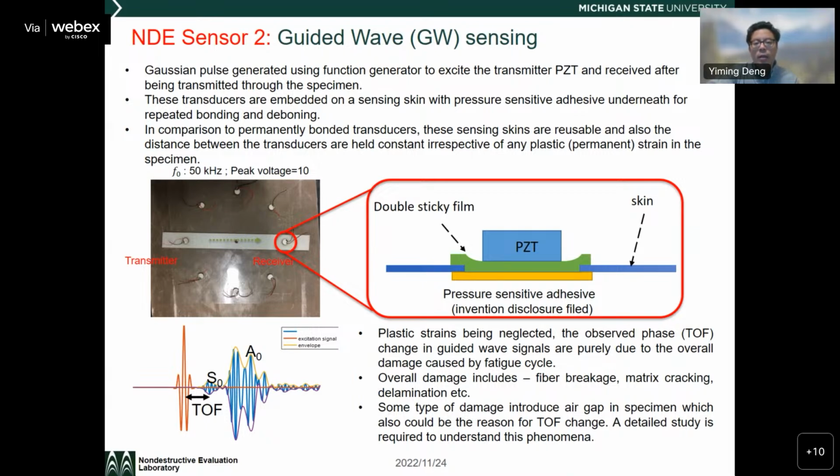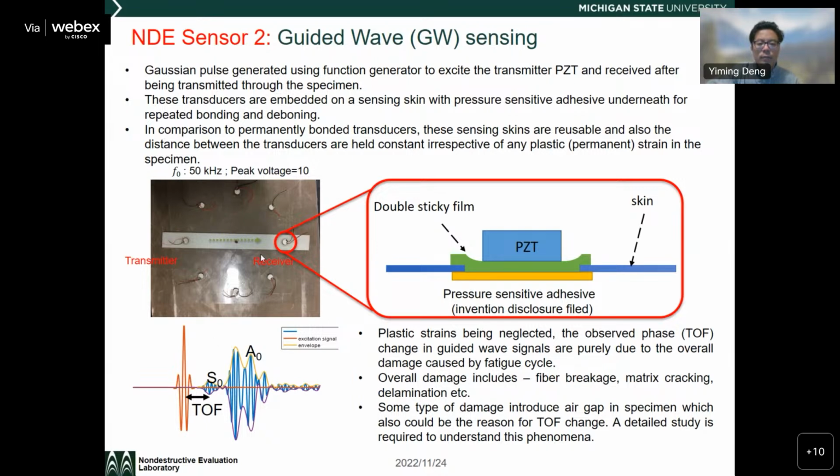Well, anyway, the guided wave is one type of ultrasonic testing, an ultrasonic method, where basically you observe the ultrasonic waves using a transmitter and receiver pair.